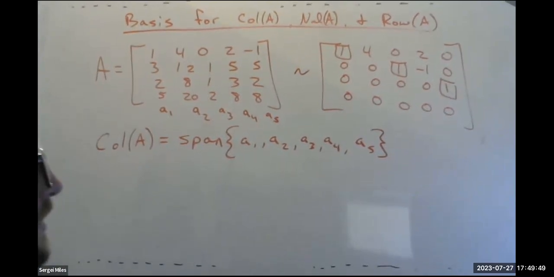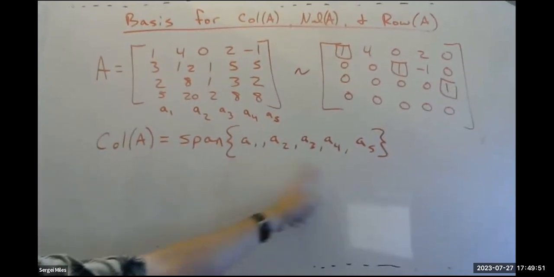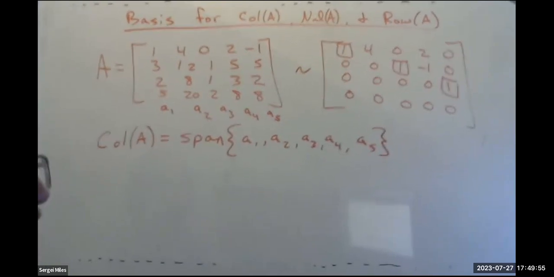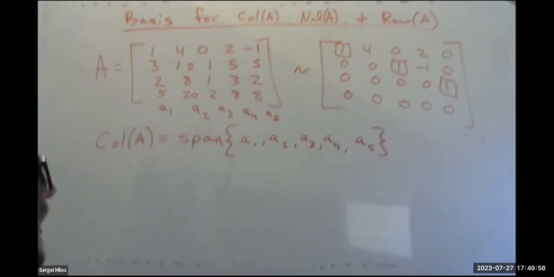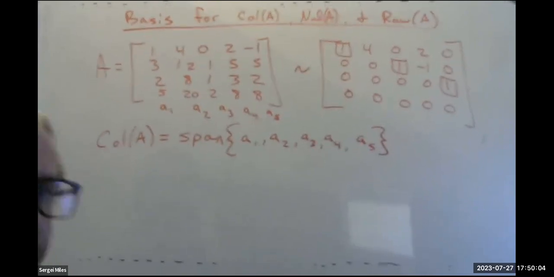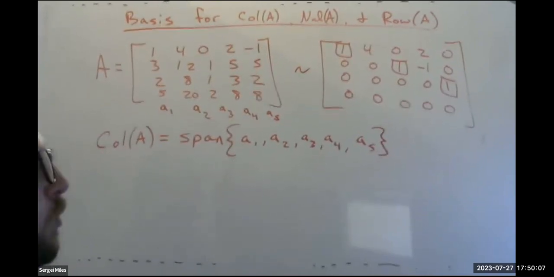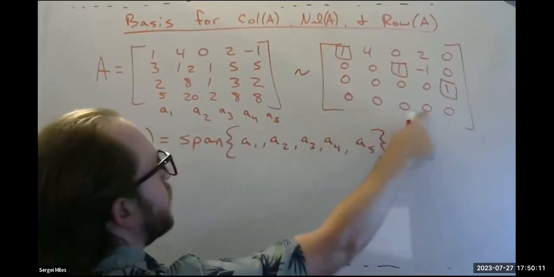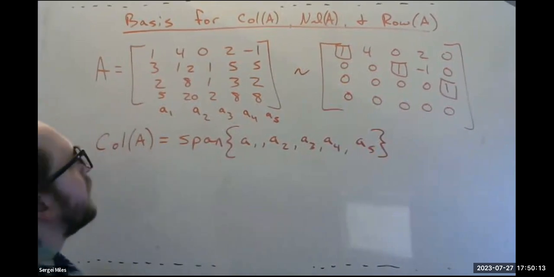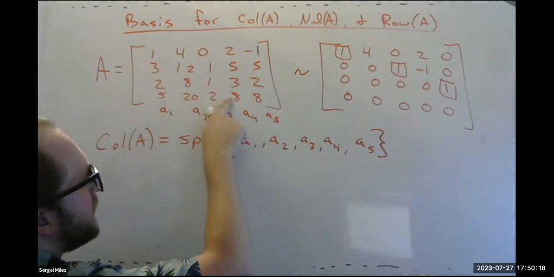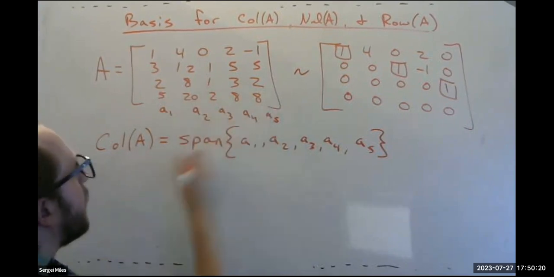Well, based on the spanning set theorem, I don't need all of these columns. I only need the linearly independent columns, which means for any columns which are actually linearly dependent, I can throw them out and it doesn't change anything. Okay, well, which ones can I throw out? I can throw out the columns which did not have a pivot. Well, column 2 does not have a pivot, and column 3 did not have a pivot.